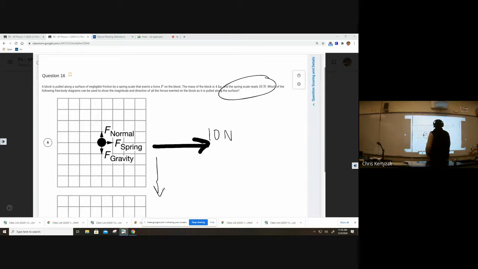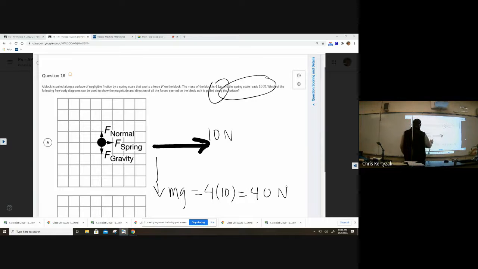The weight is mg, which, they said it's a 4 kilogram block, which is 40 newtons, which means that to correctly reference these two forces, it would actually have to be a small amount of force this way and 4 times as much force going down, right? Because 10 newtons is only 1/4 of 40 newtons.